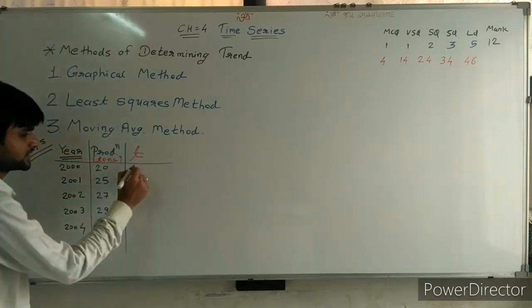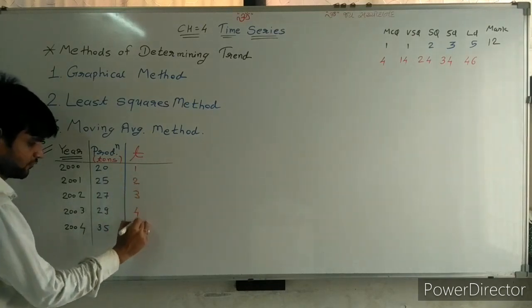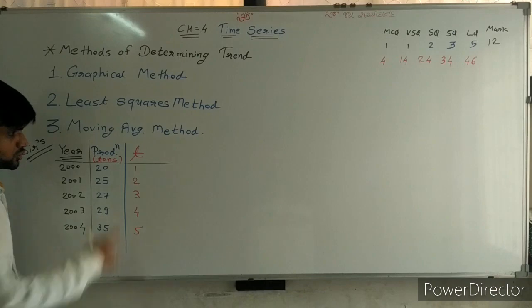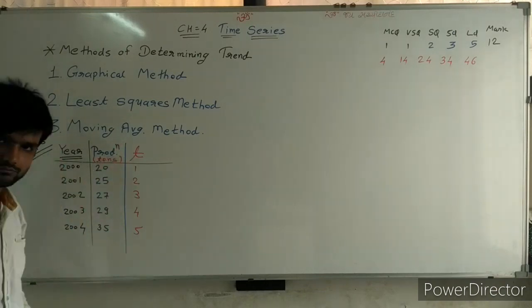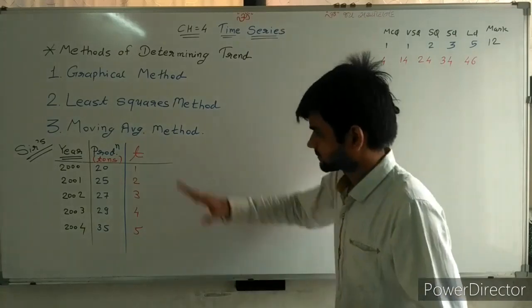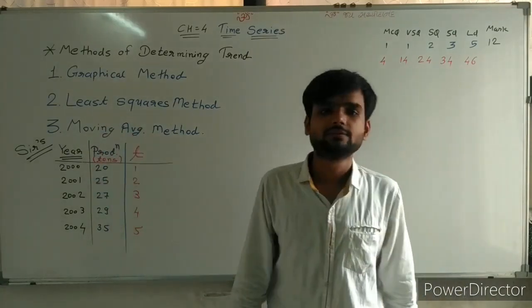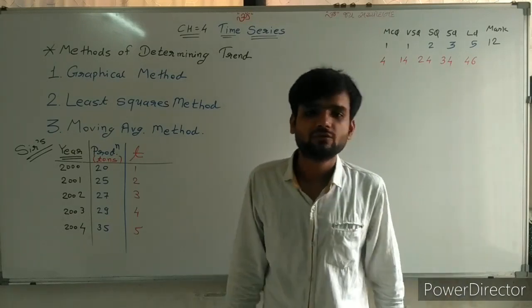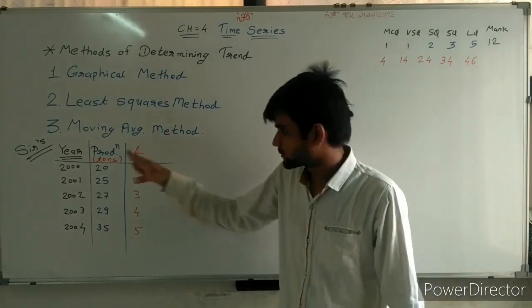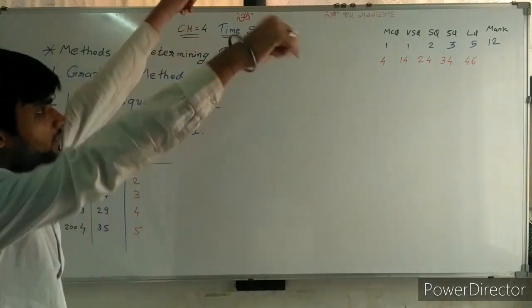So give value 1, first year, second year, third year, fourth year, fifth year. So time is 1, 2, 3, 4, 5. On the basis of time, production information is given. We are plotting this production information on a graph, so preparing one graph here.